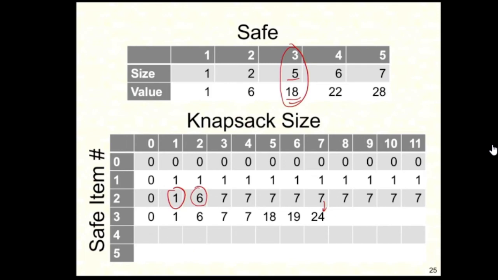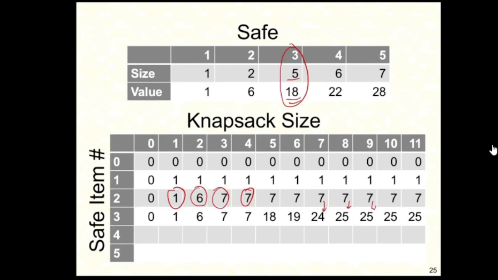All right, next one, 7 plus 0, or 5 columns back and add 18. We put a 25 there. The best, it's always the maximum. So thing above me or thing some number of columns up left of me, plus the value, pick the best. All right, and then from here, because now everything is the same, it's 7 or 7 plus 18, we get 25s all the way out.